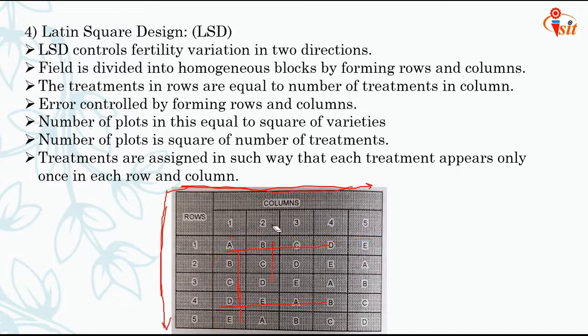Here the number of rows and columns is equal to the number of varieties, so the number of plots is equal to the square of the number of genotypes. Errors are controlled by making the field homogeneous through rows and columns.